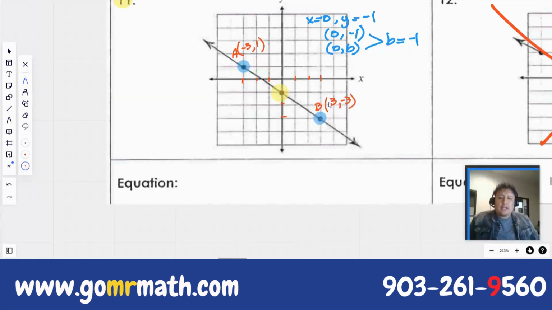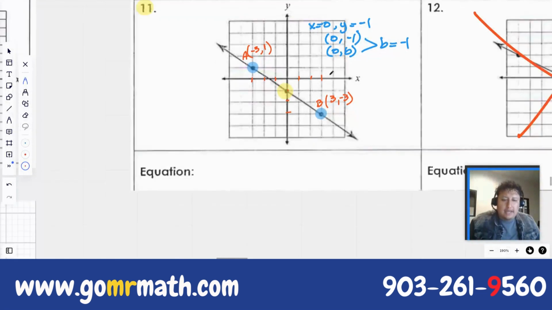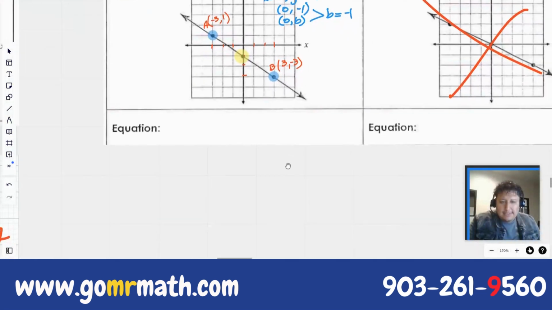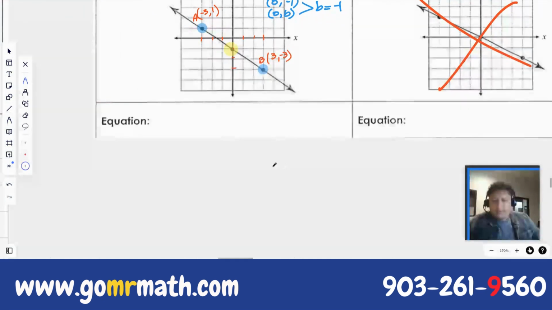Okay, we need to calculate the slope. First of all, the slope will be negative because this line is decreasing, slanted to the left. That's another way we can see it. But let's calculate the slope. We have first point A, (-3, 1), and point B, (3, -3).